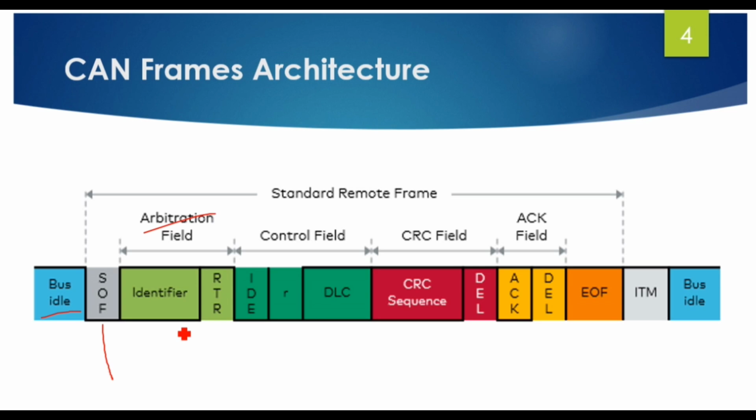And the next one is the arbitration field. You can imagine in a factory multiple machines or nodes may try to send data simultaneously. The machine with the most urgent data, let's say the lowest identifier, will get priority, just like how an ambulance has priority on the road. And the next one is the control field.